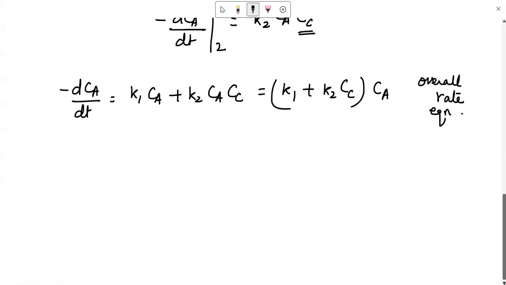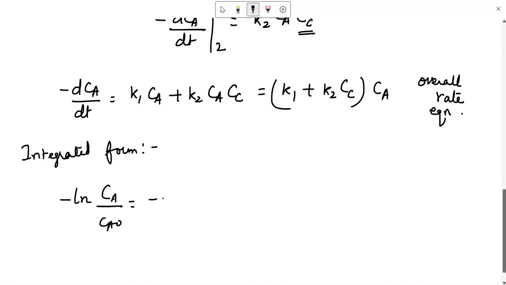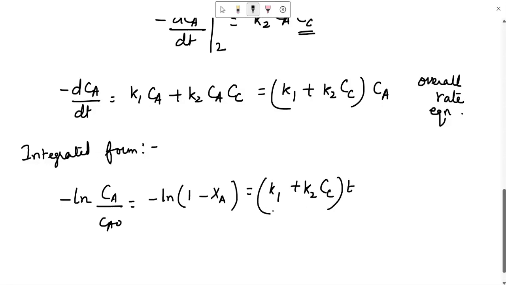As usual we integrate by separating the terms, and the integrated form becomes minus ln(CA/CA0), or minus ln(1 minus XA), equals (K1 plus K2 CC) times t. The expression K1 plus K2 CC can also be written as K observed, or K obs, times t. This is how you describe the kinetics of a homogeneous catalyzed reaction.